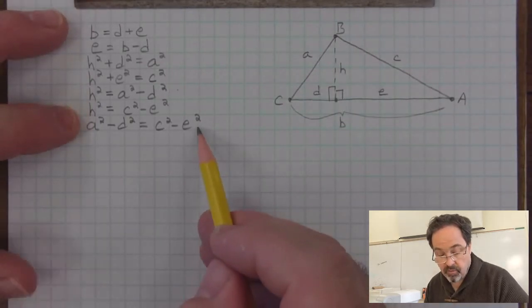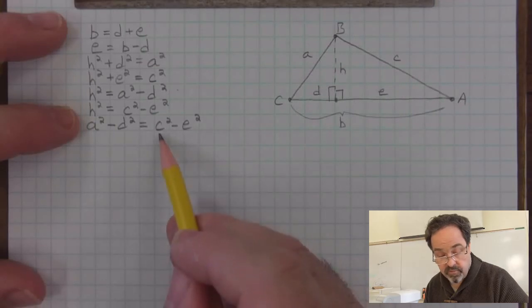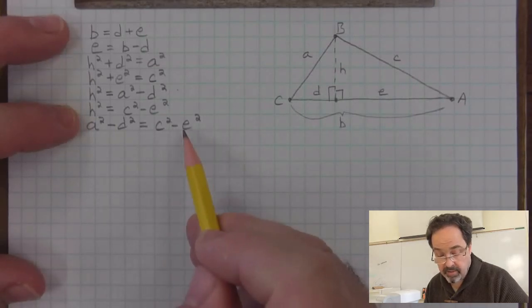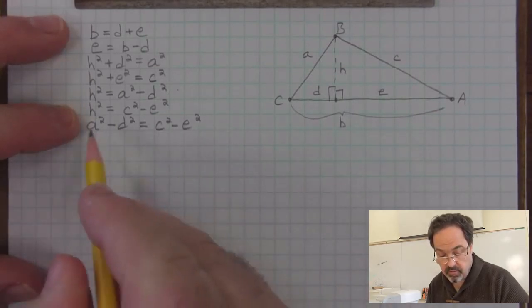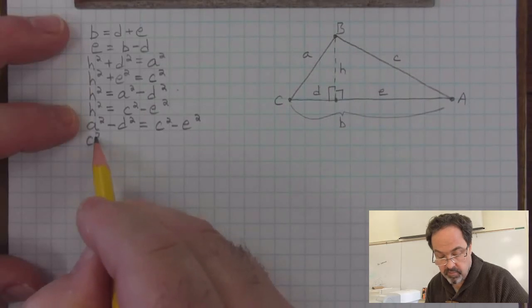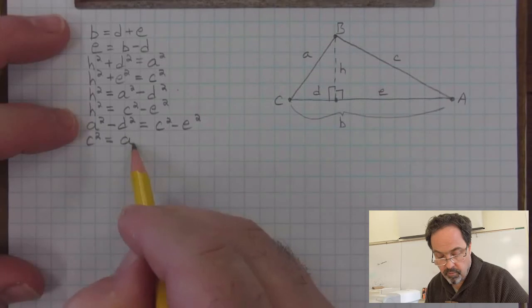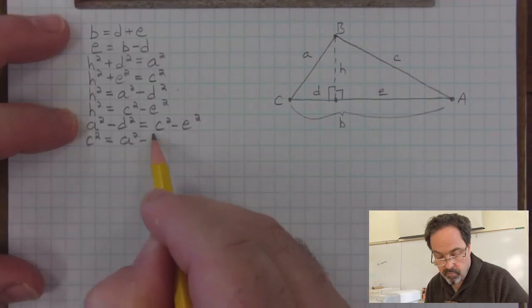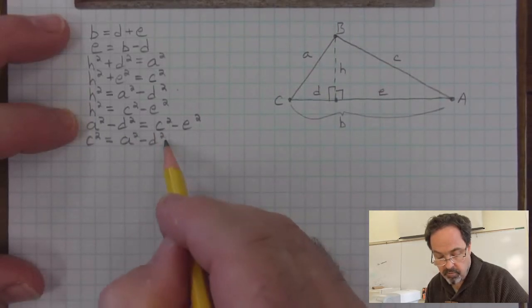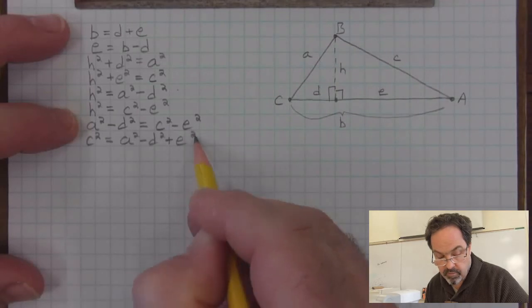This equation here, I'm going to solve for c squared by adding e squared to both sides. When I do, I get c squared is equal to what was on the left before, a squared minus d squared, now plus e squared.